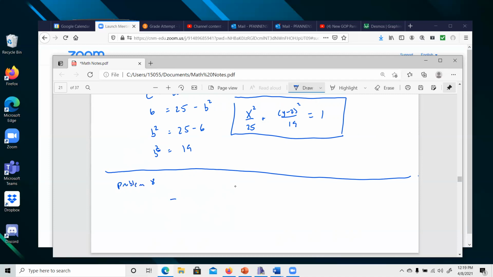This one looks like 7x squared minus 5y squared minus 28x plus 10y minus 12 is equal to 0. And I say, write the equation of the ellipse or hyperbola in standard form.